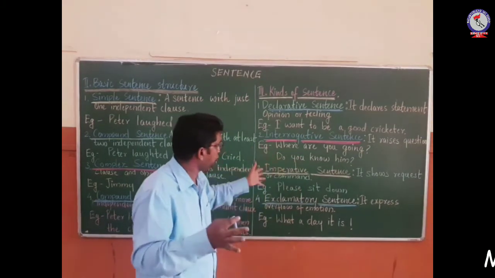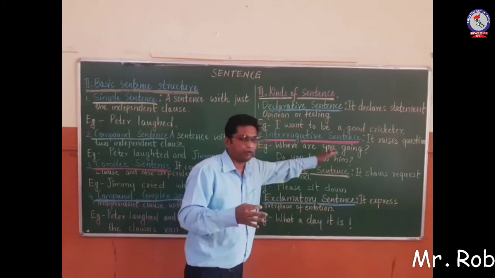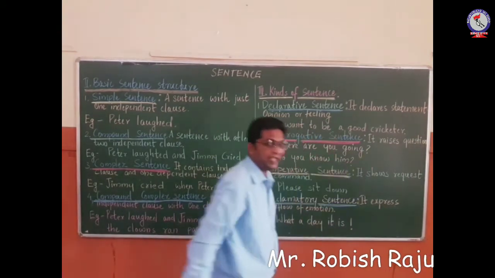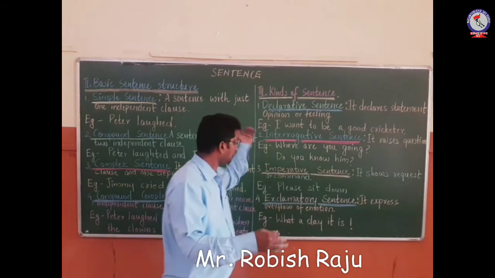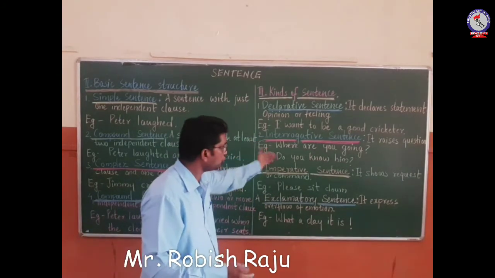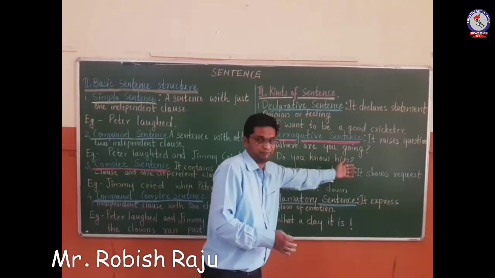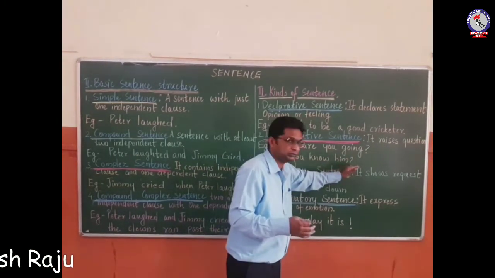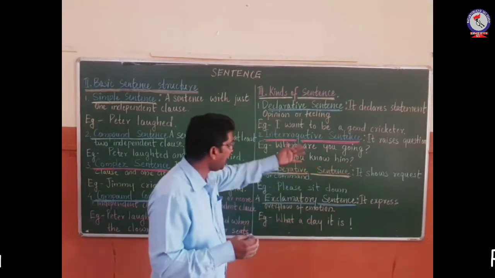It asks a question. Where are you going? So there will be a question mark at the end. Similarly, another example. Do you know him? This is a question. So we have put a question mark at the end.